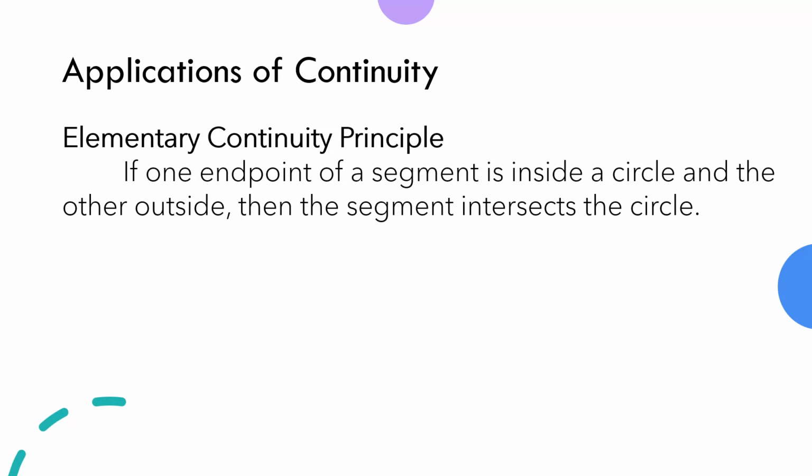Visually obvious, but it requires rigorous justification. This depends on the completeness of geometric space, and take note, in geometric space, there are no gaps. This cannot be proven from incidence, betweenness, or congruence axioms alone. This uses Dedekind's axiom to guarantee intersection points exist. This eliminates the possibility that a segment jumps over the circle through a gap. This provides a rigorous foundation for the intermediate value theorem in geometry.